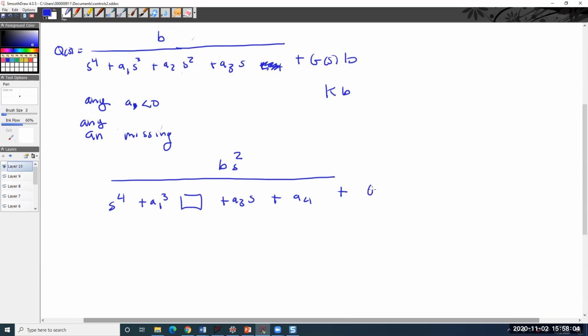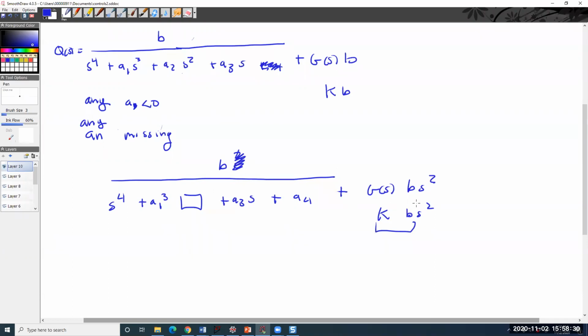So we have G of S times the old numerator. Oh, wait a second. S squared is already there. We just need to have K be S squared and then make sure that this is greater than 1, and it's fine.